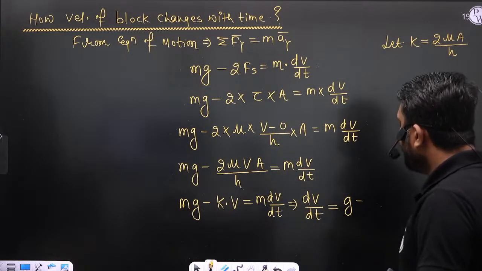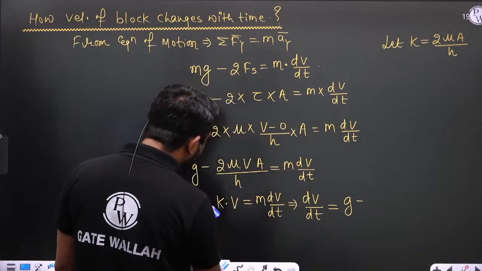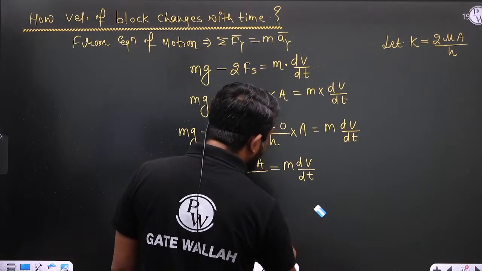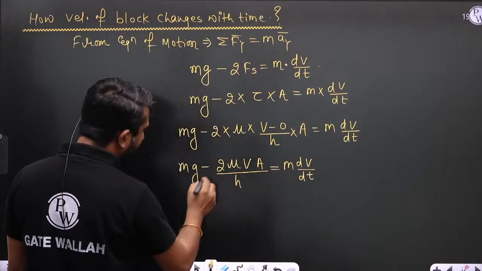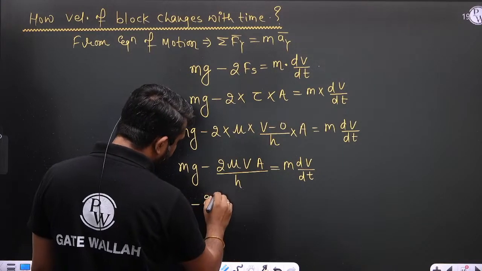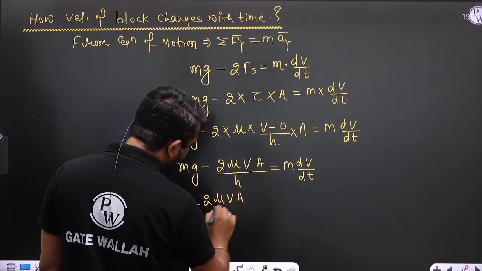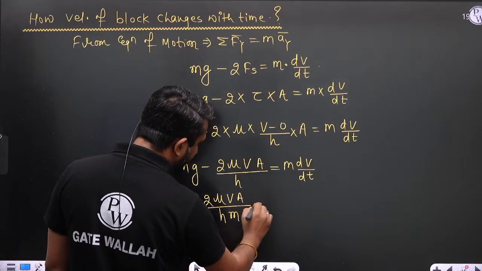Or do one thing, because m is also constant: divide by m. So this is g minus 2 mu v A divided by h m, equal to dv by dt.